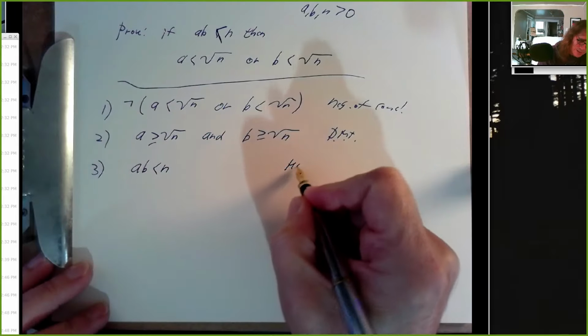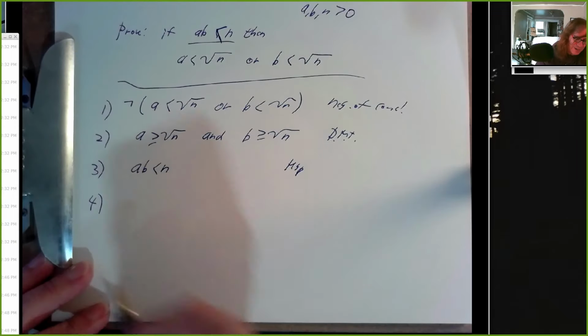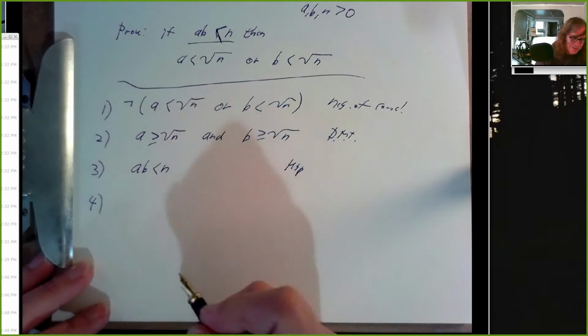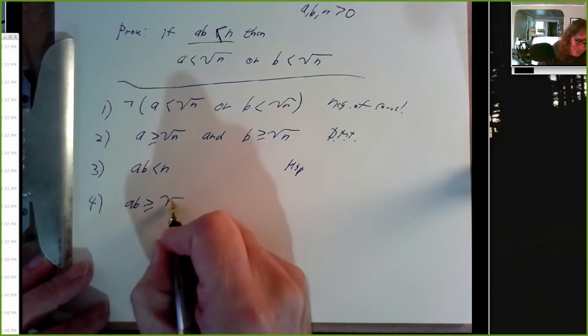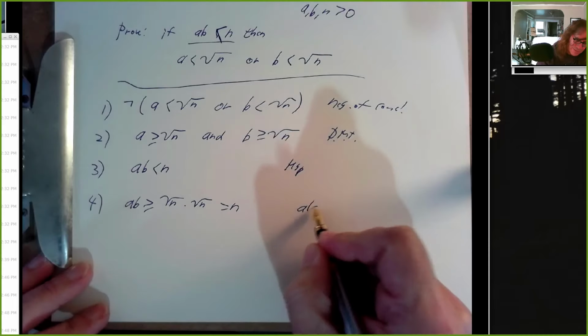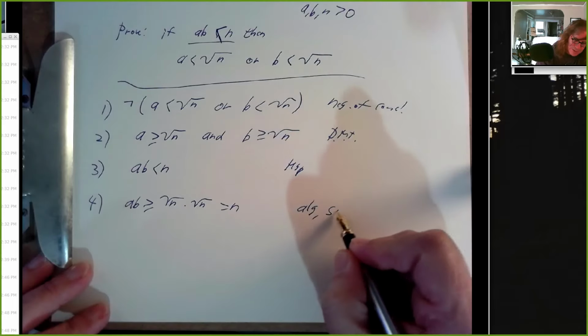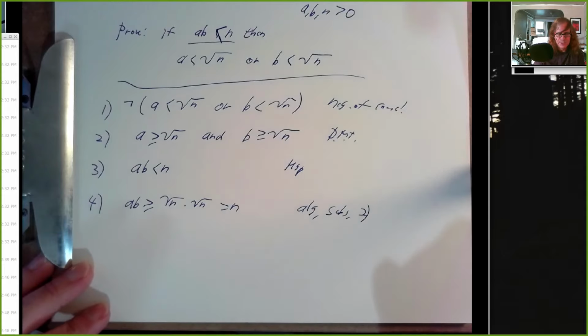That's a hypothesis, right? And now I can just do some algebra from step 2 and say ab is bigger than or equal to square root n times square root n, which is equal to n. That's algebra and substitution from statement 2. And now I have a contradiction.